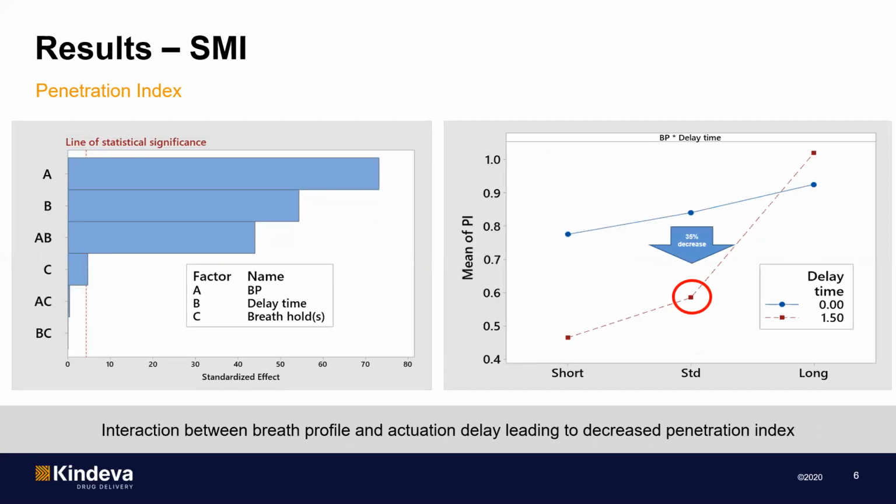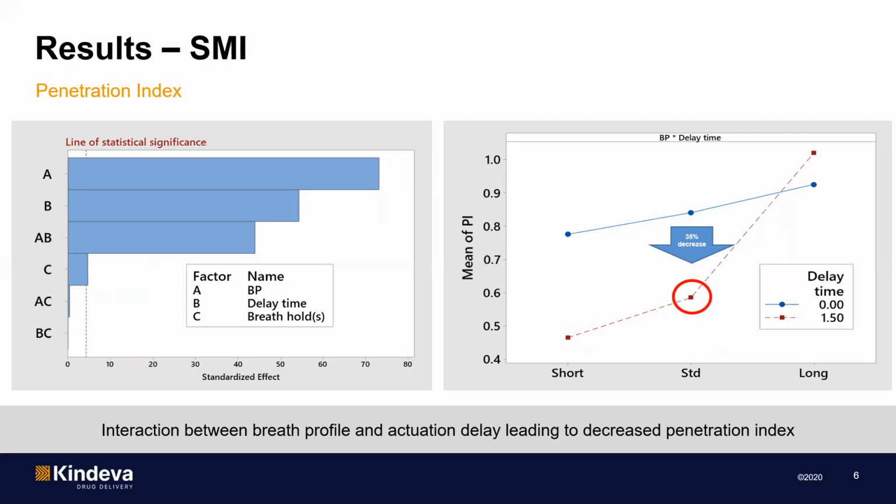In terms of the penetration index then, again, the breath profile and the delay time are the most significant factors. And again, there is an interaction between them. And here we've highlighted the case of a standard breath profile with an elongated delay. And again, the reduction in penetration index is due to the proximity of the tail of the bolus from the product to the end of the inhalation maneuver.